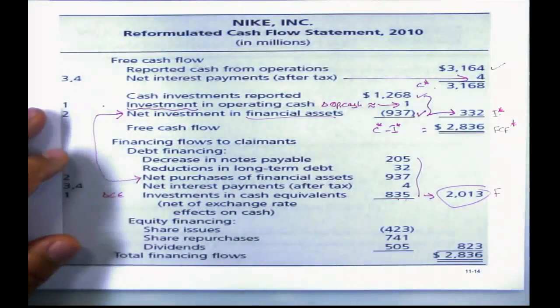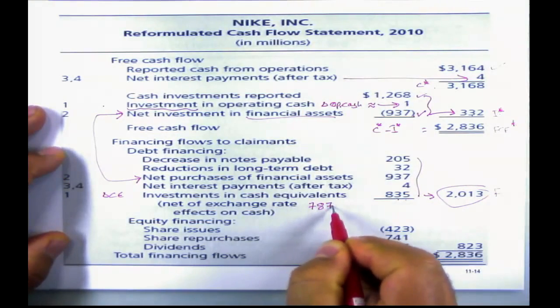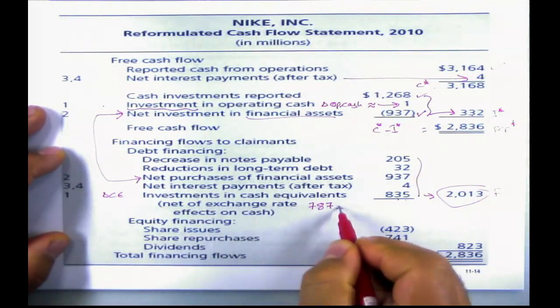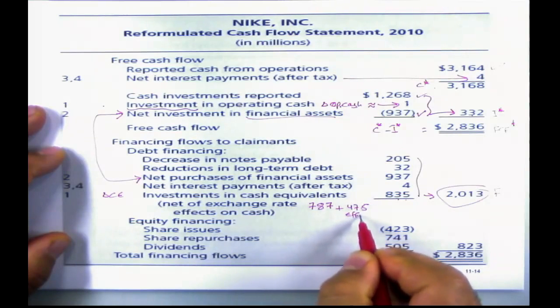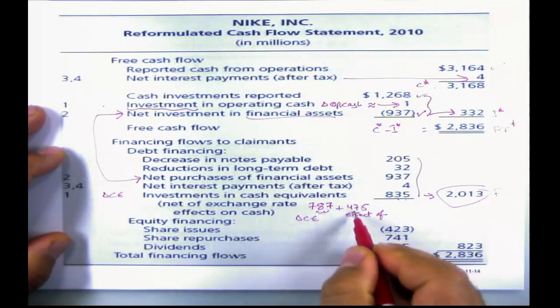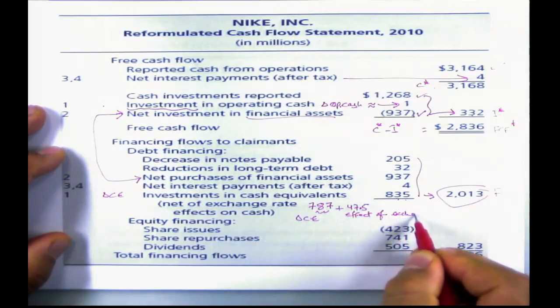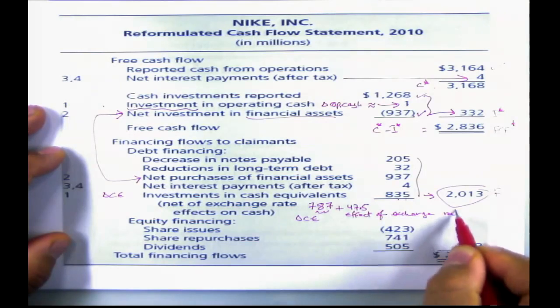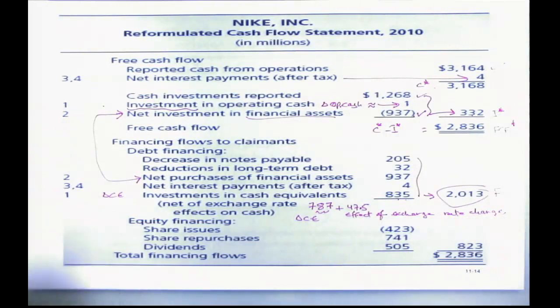So this figure is 787, the change in cash equivalents, plus 47.5, the effect of exchange rate changes.